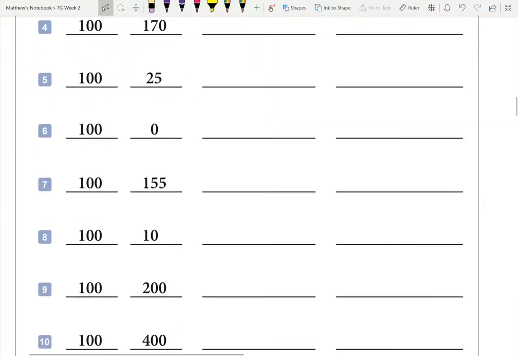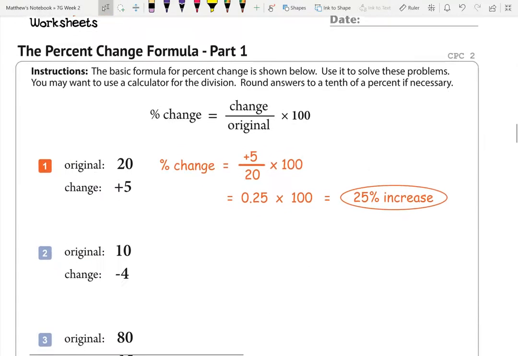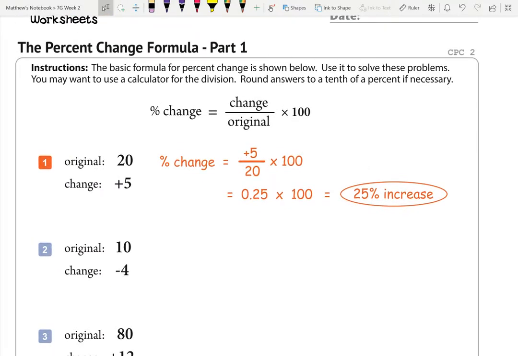You're going to finish the rest of these problems here for this worksheet, and then you're going to work on the percent change formula. So we learned watching the video, going through the exercise sheet, that it's going to be the change divided by the original cost, and then you're going to multiply that by 100. Let's go ahead and circle the change here.